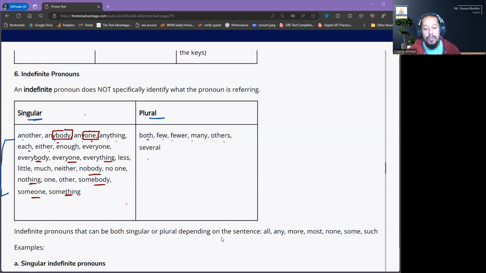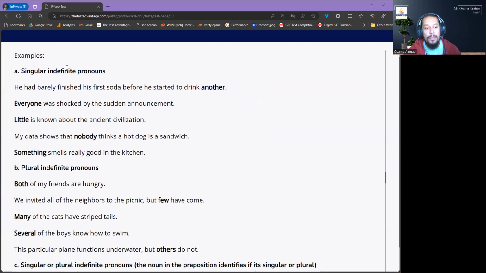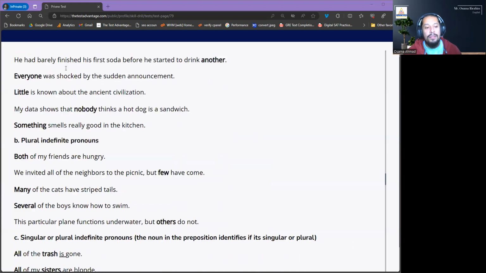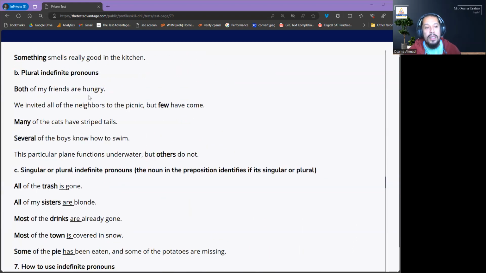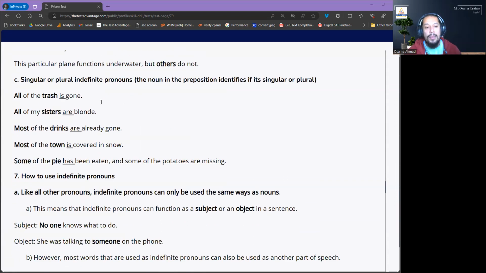Now there's a lot of examples, okay? Singular indefinite, plural indefinite. I won't read all of them. I will review معاكم. Singular or plural indefinite pronouns حسب.